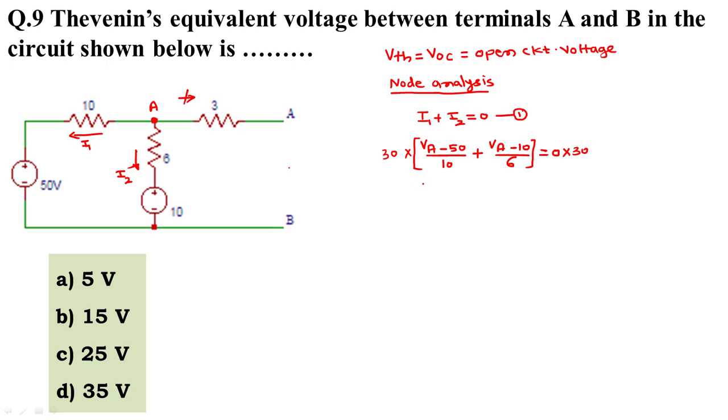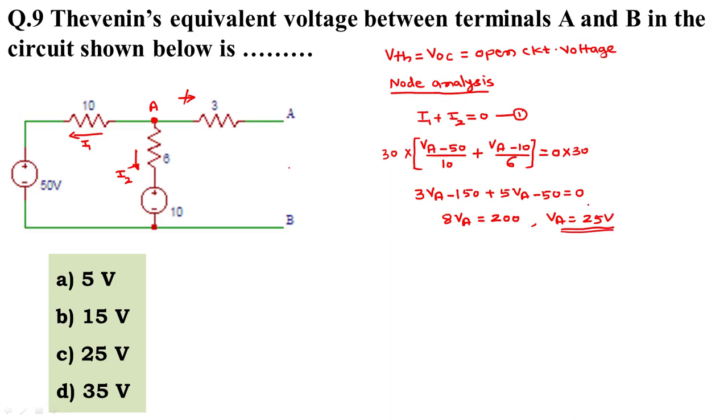That means this term comes out to be 3VA minus 150 plus 5VA minus 50 is equal to 0. So 3 plus 5, that is 8VA is equal to 200. VA is equal to 25 volt.